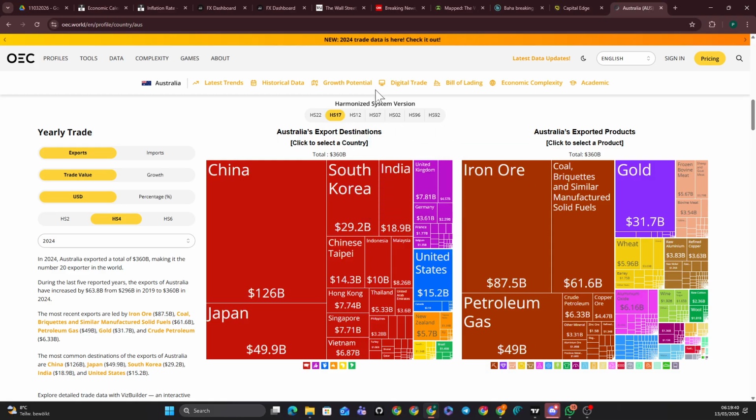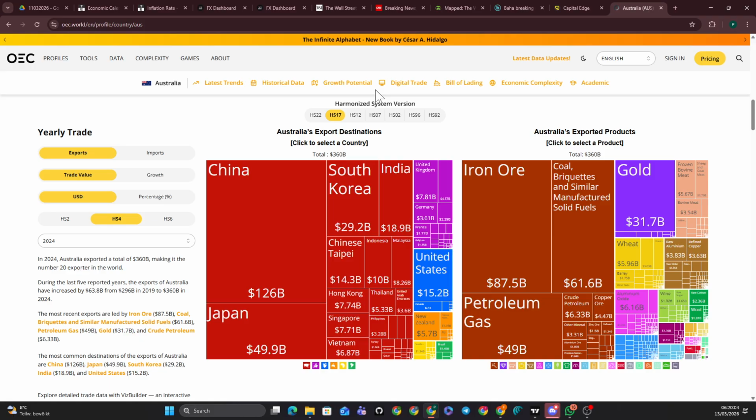If this war escalates for another couple of weeks, it will definitely not be good for Australia, and not only for Australia but also for the New Zealand dollar. As we know, there are three main comdol currencies. Comdol currencies means commodity-based currencies: Canada, Australia, and New Zealand.